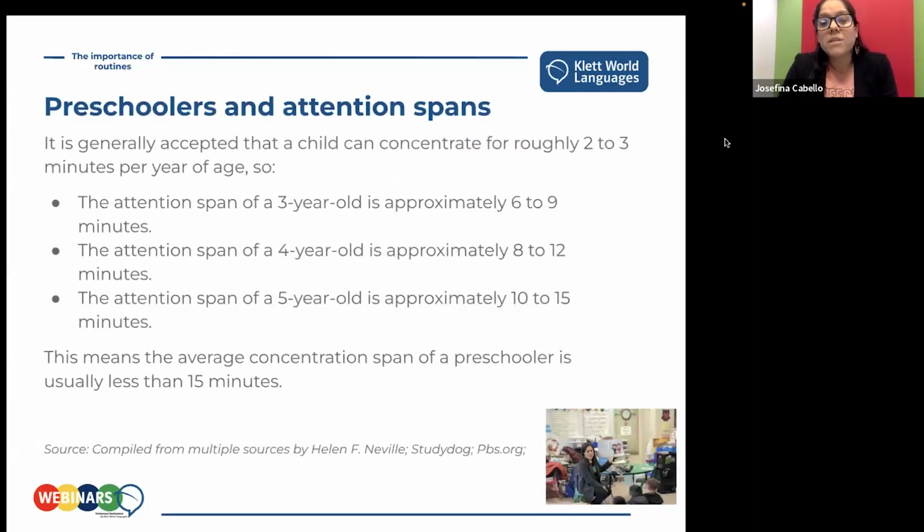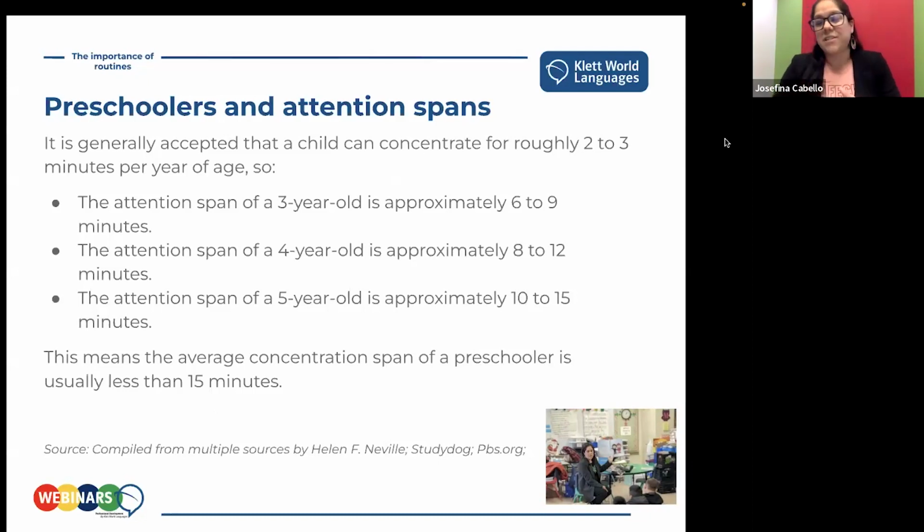So what happens with the attention spans of preschoolers? If you teach preschool students, you are going to realize that their attention span is very short. If you have an activity where they have to sit on a rug, where they have to stay still, it's not going to last long.